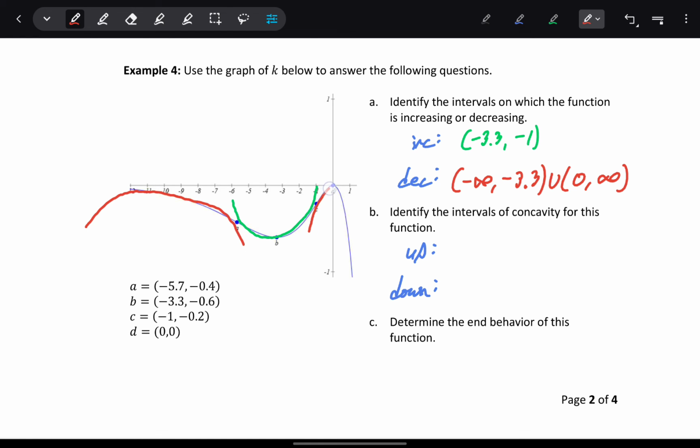And again, from C to positive infinity, we have that upside down bowl shape. So our function will be concave up on -5.7 to -1, and concave down on negative infinity to -5.7, union -1 to infinity.